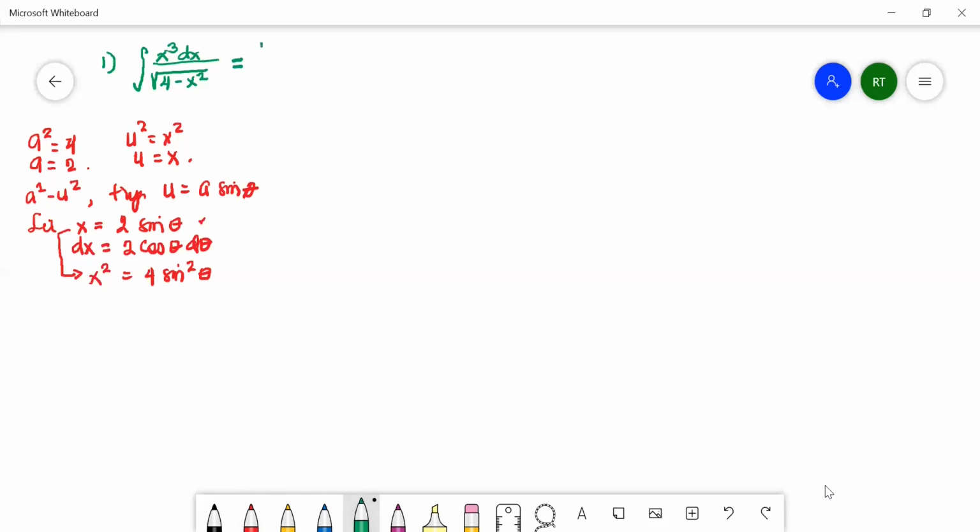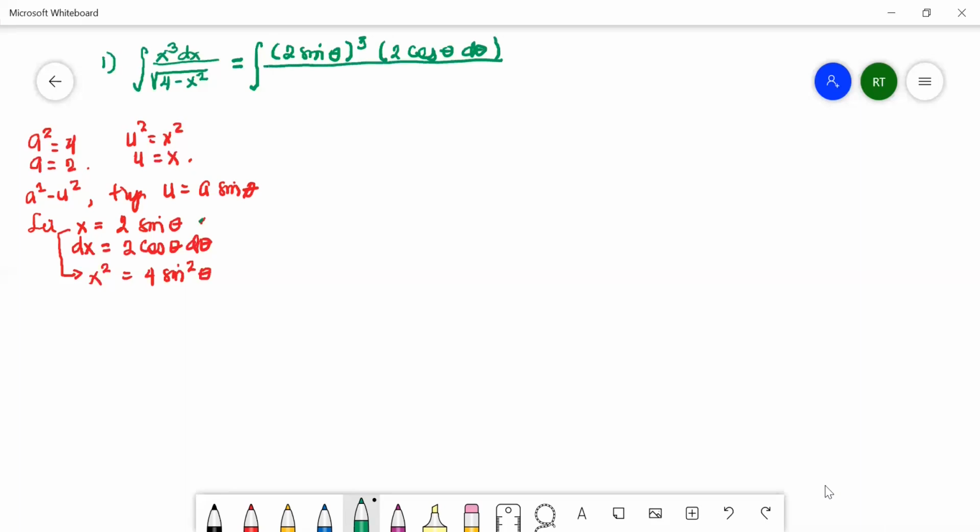We have x cubed times the differential of x. Since x is 2 sine of theta, we will have the quantity 2 sine of theta raised to the third power. Then we have the differential of x, which is 2 cosine of theta d theta, over the denominator.